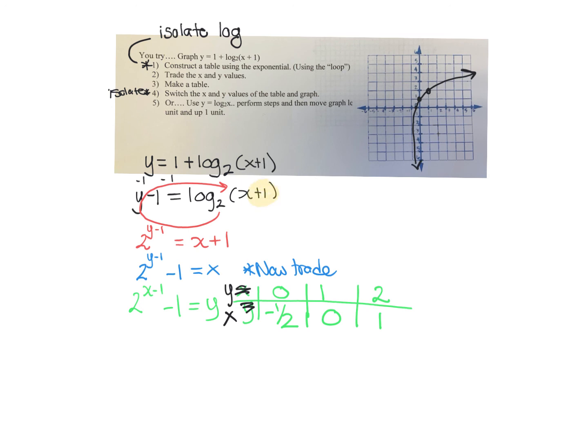This +1 means that I went to the left 1, which means my asymptote is left 1, or x equals -1. It's a vertical asymptote, not a horizontal asymptote.